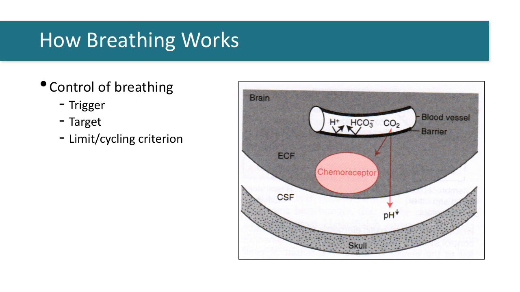This respiratory rhythm can be described using three different terms: the trigger, what starts the breath; the target, how deep of a breath you take; and the limit, how long you breathe in for. And these various parameters will vary according to the amount and type of stimuli that are entering the brainstem. Thinking about normal breathing in this way helps us to understand the different modes of mechanical ventilation.